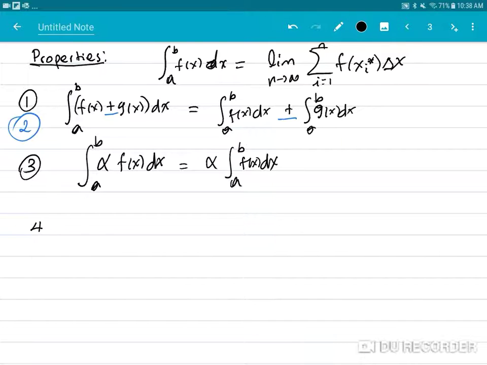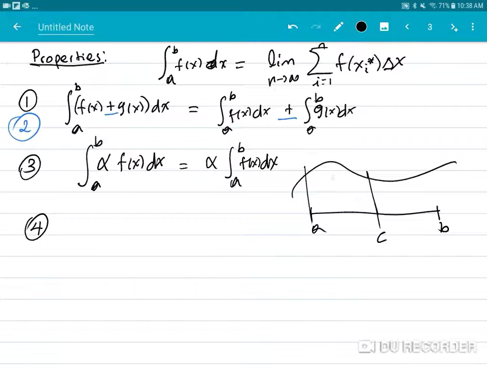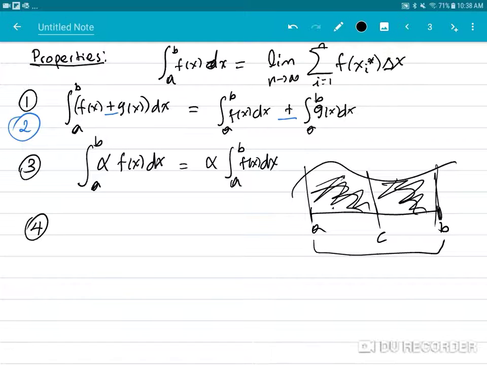The fourth property is, let's say you have your interval from a to b and you made your partitioning and then you made the sum, you take the limit, but then you want to break it into two parts. So you want to find the integral of this section and then the integral of that section. If you had those two separately, then the integral of this whole section is the sum of the integrals of these two sections.